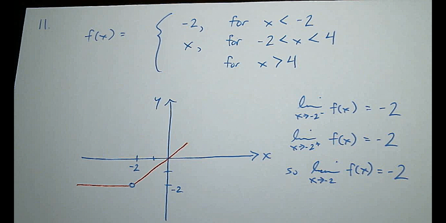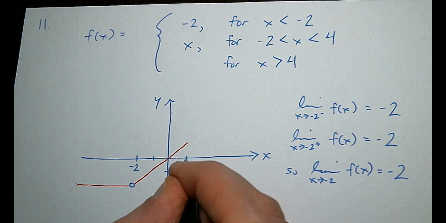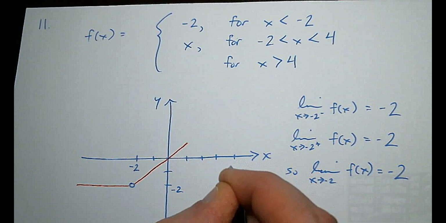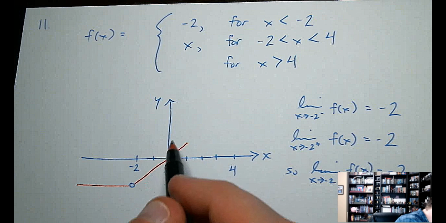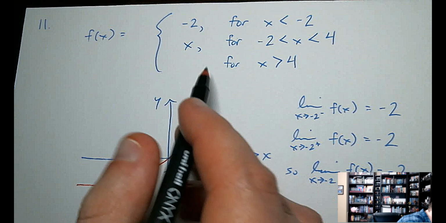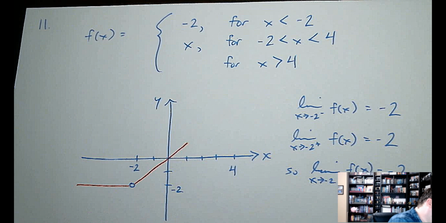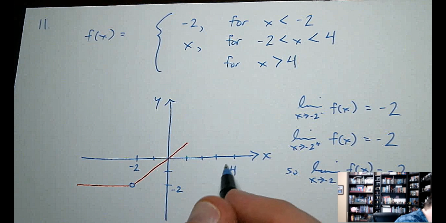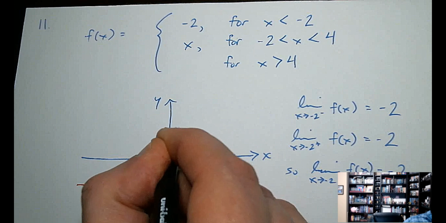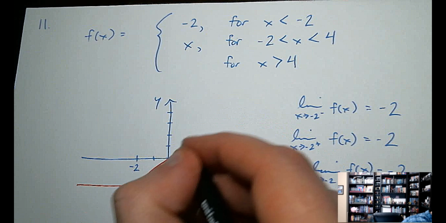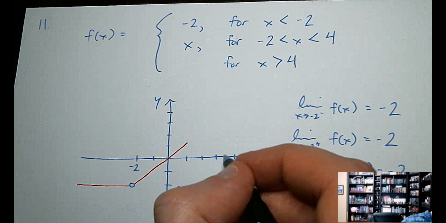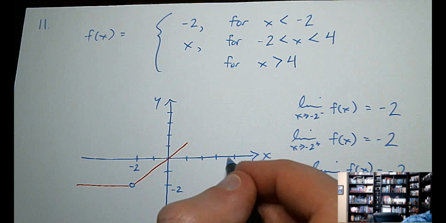Now, let's turn our attention to x equals 4. So over here. Well, we've already set up now that to the left, the function's looking like y equals x. And we also know that at x equals 4 itself, when normally this line would reach a height of 4, that's where the function becomes undefined again.